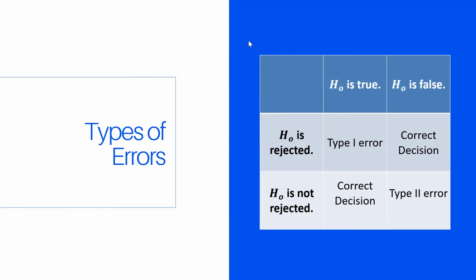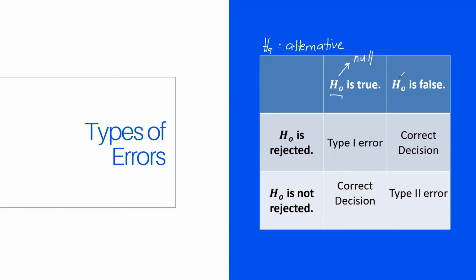So we have here the null hypothesis. By the way, the null hypothesis is denoted by the symbol H sub O, while the alternative hypothesis is denoted by H sub A. If our null hypothesis is true and we reject it, therefore it's a type 1 error.